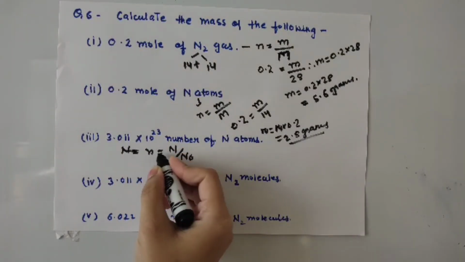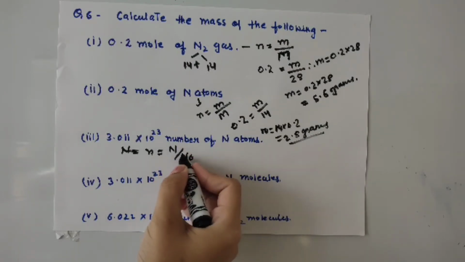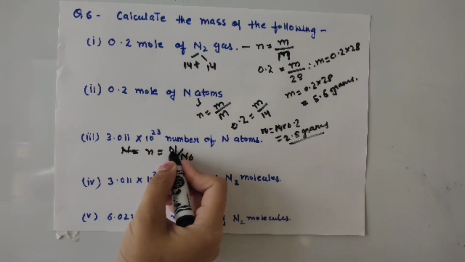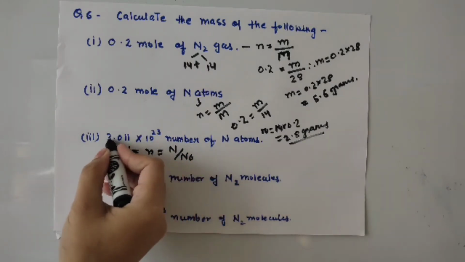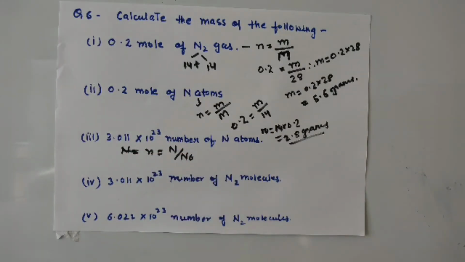We know that small n, that is the number of moles, is equal to the number of particles present divided by the Avogadro number. Here capital N is given. Capital N is 3.011 into 10 to the power 23 number of atoms.